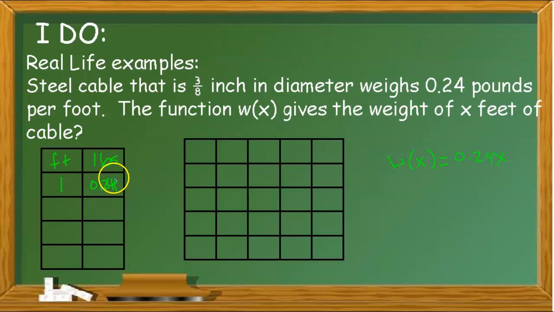If it was 2 foot long, then it would weigh 0.48. And if it was 3 foot, then it would weigh 0.72. And then if it was 4, 0.96, and so forth.